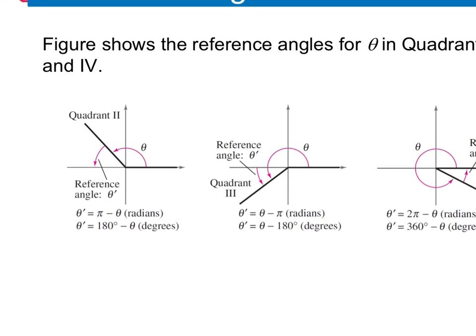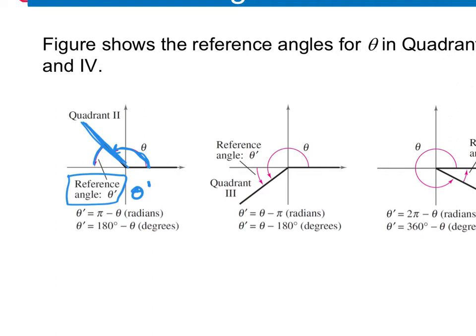So if our theta was this angle here, our reference angle is the acute positive angle. So it goes from the terminal side of our angle to the horizontal line. And our reference angle, we call it theta prime.